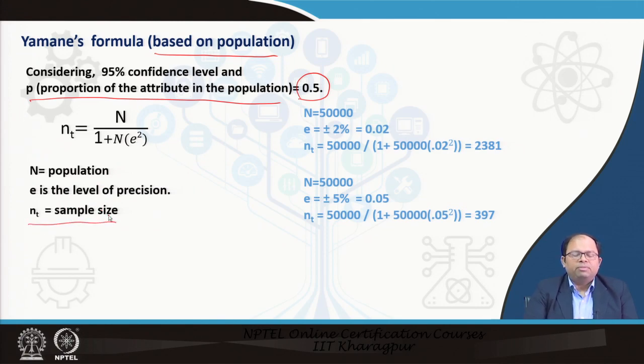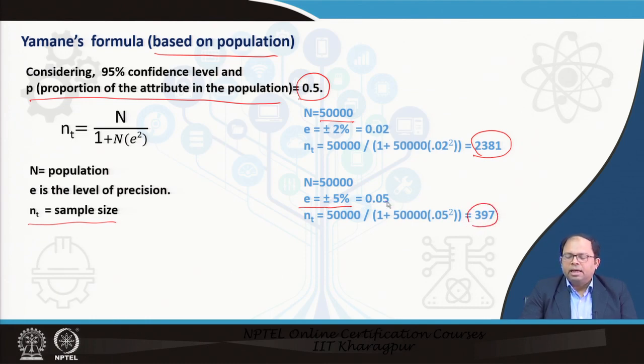So this is a very simple formula that could also be used. If I put N equal to 50,000 with an E value of plus or minus 2%, then we find that the total sample size required is 2381. Whereas if I use a precision value of around plus or minus 5%, then we get a sample size of 397.